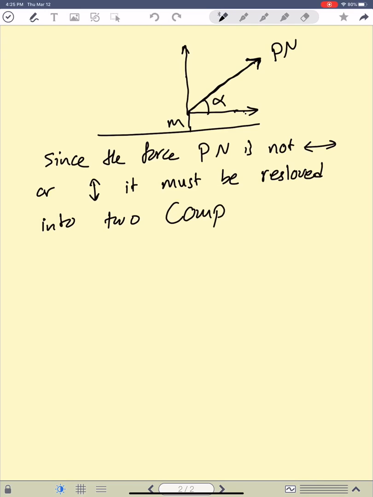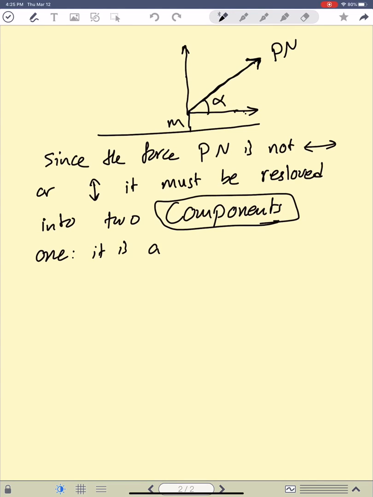One is adjacent, and one is opposite. And we use this language from trigonometry, you understand now.